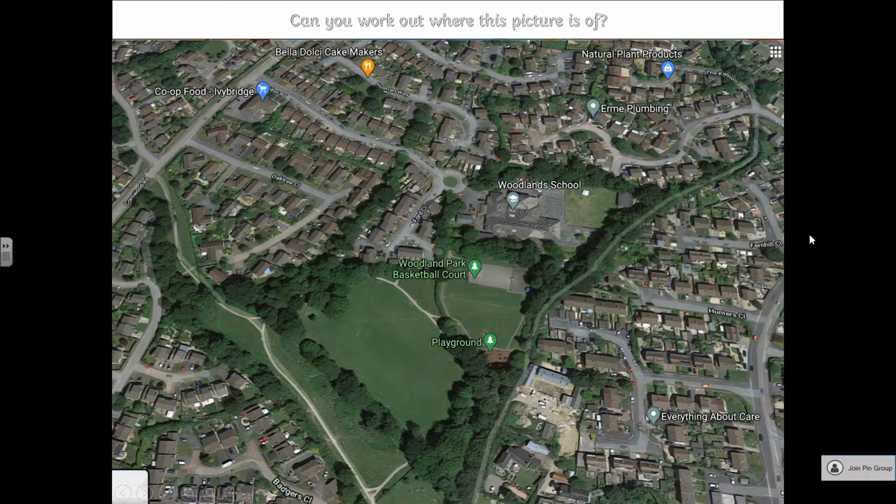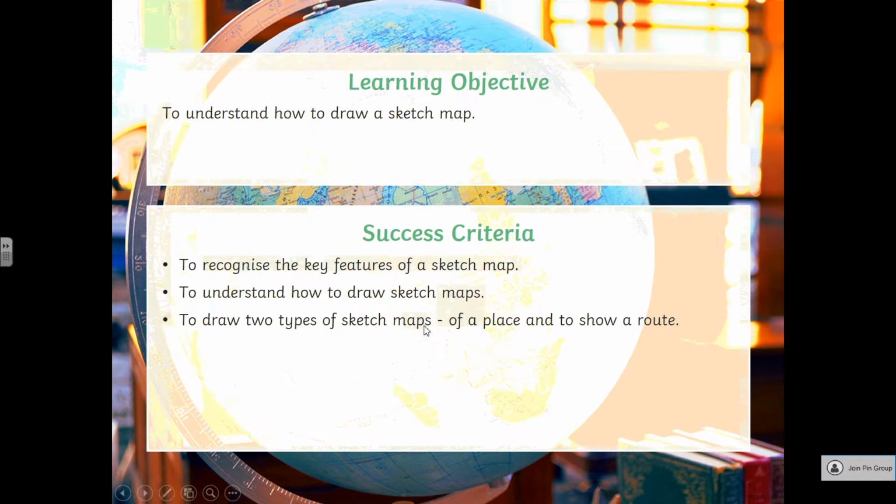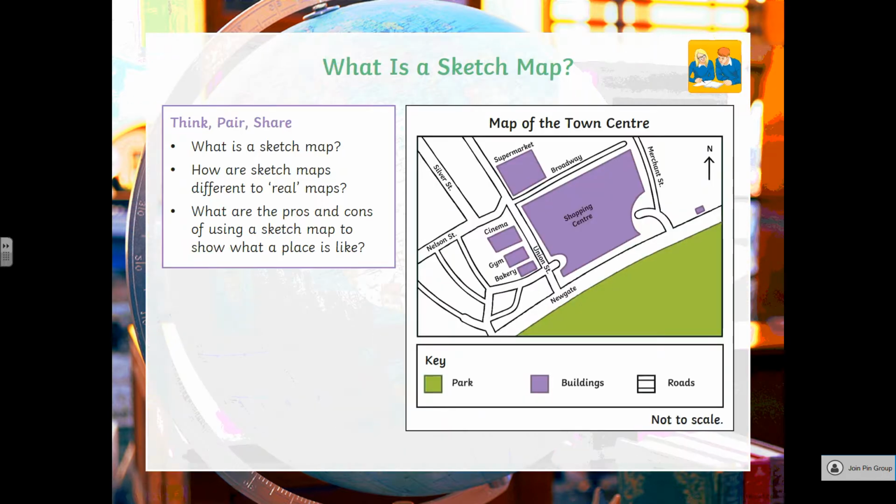Let's move on. Okay, we are going to look at how to draw a sketch map. We're also going to see what some of the key features are on a sketch map and to understand how to use one. Okay, so what is a sketch map? Well, it kind of is what it says.